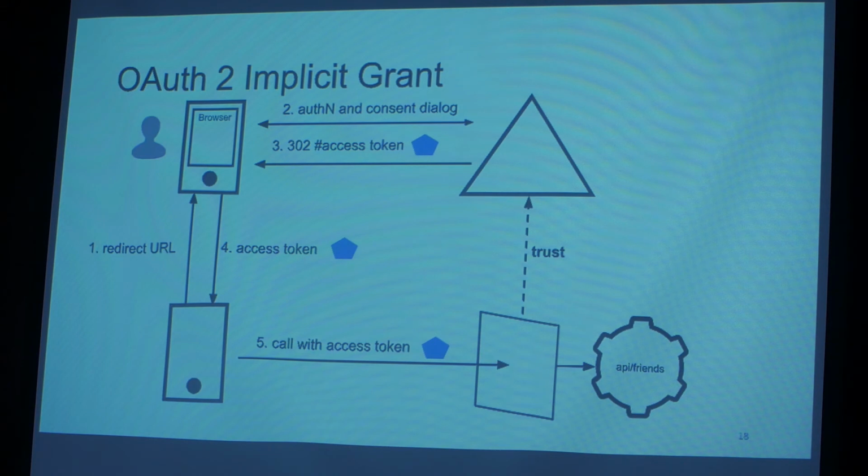We were planning to develop the friends component with the implicit grant flow, the implicit OAuth grant, where you're not handing your credentials to the app anymore, but authenticating with the authorization server.